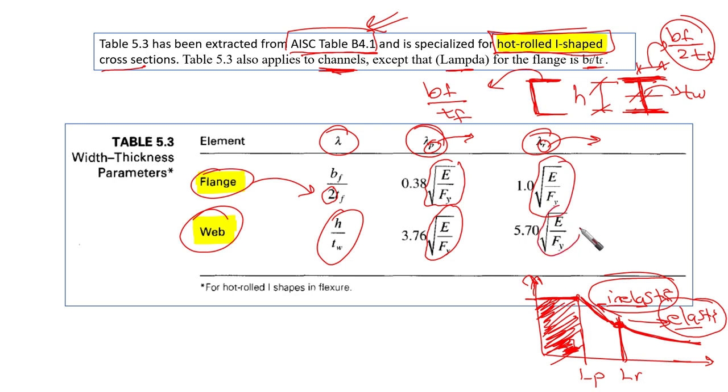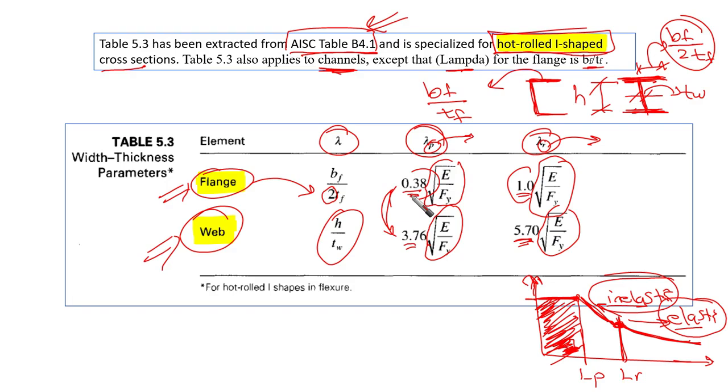One interesting thing is that whenever you compare the flange versus the web, you're going to find the values in general for the flanges are much less than those for webs. Why? Here 0.38 and here 1, here it is 3.75 and here 5.7, almost like 10 times. So think about it.